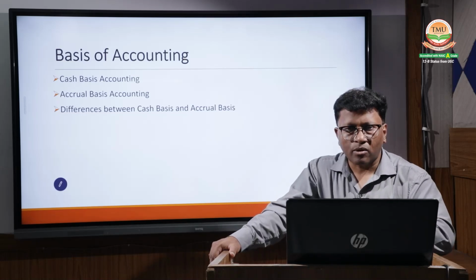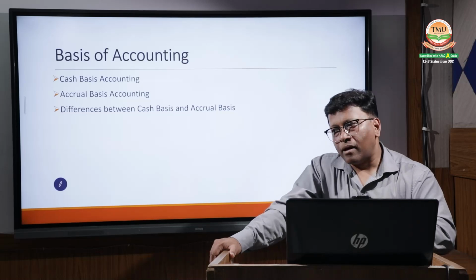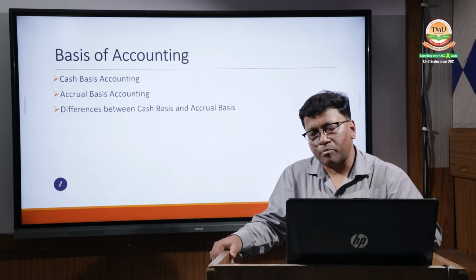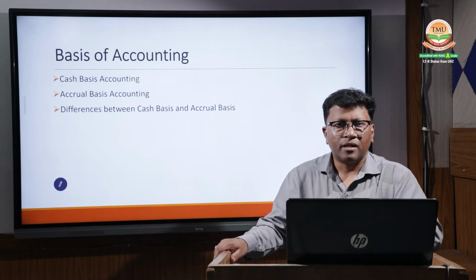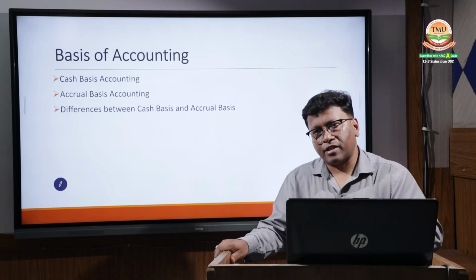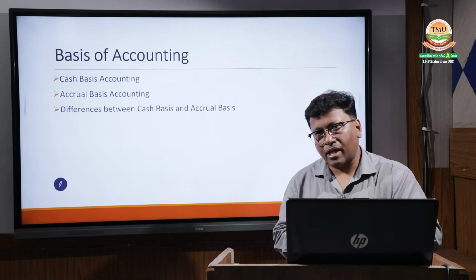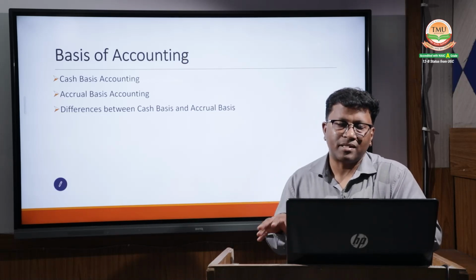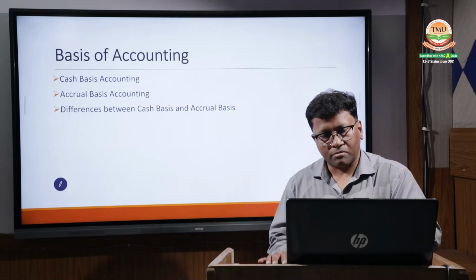But in general, in real life, you will see the accrual basis accounting system is maintained, where suppose you have taken services from someone and you have not paid the wages or salary or remuneration to that person. But because you are maintaining the accounts for a specific period, you have to make sure these expenses are matched with the revenue of this particular accounting period.